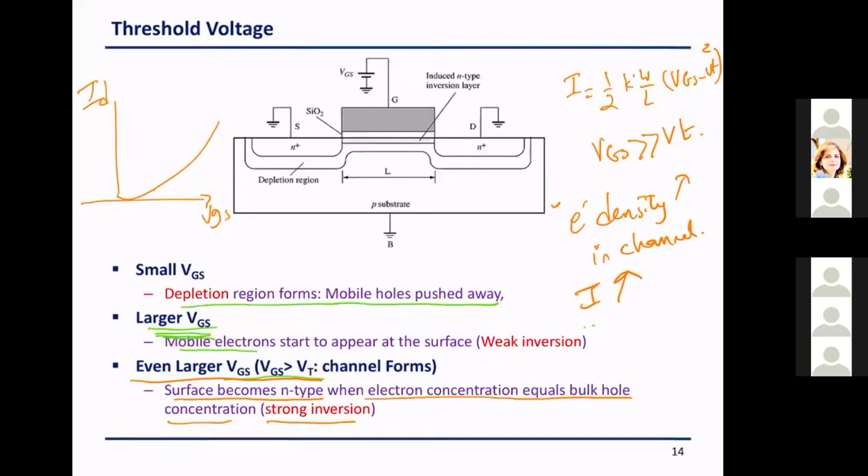And if VGS keeps increasing, I will have stronger inversion, and I will have current increasing with VGS greater than VT flowing in my channel. Okay? So the most important thing to know is that I is proportional to the electron density, and that this is proportional to how much VGS grows above VT, right? That's what matters really. Is this clear?